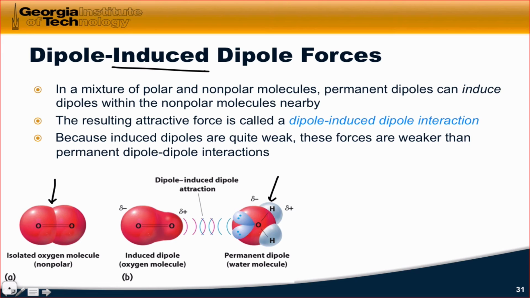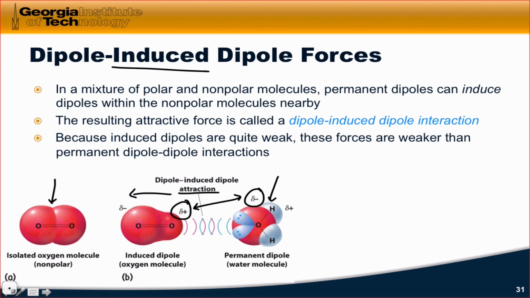In other words, the electrons in O2 are repelled by the negative end of water's dipole, and they get pushed to the oxygen that's farther away from the oxygen of water. The resulting partial positive charge that's left behind is attracted to the negative end of water's dipole. This dipole-induced dipole attraction is a kind of intermolecular force.